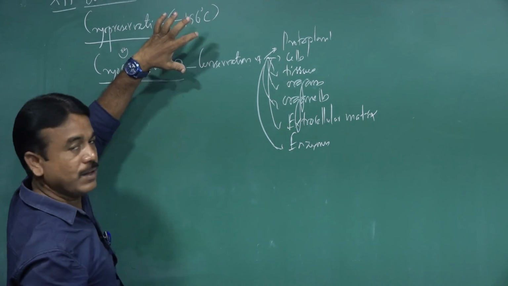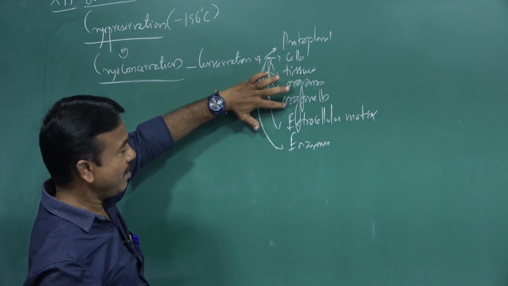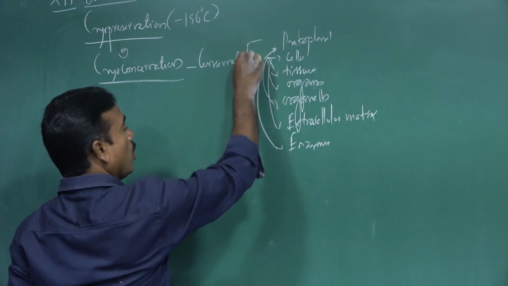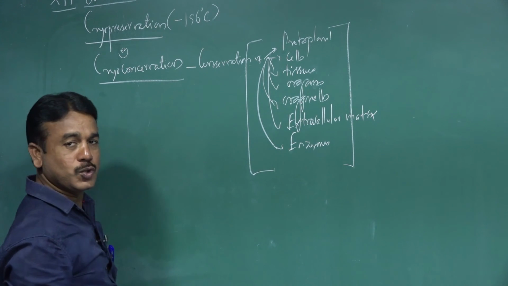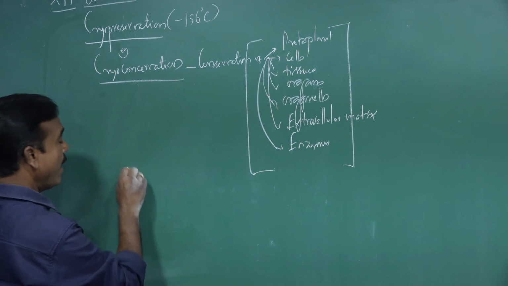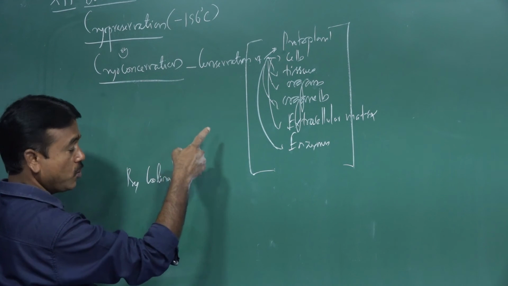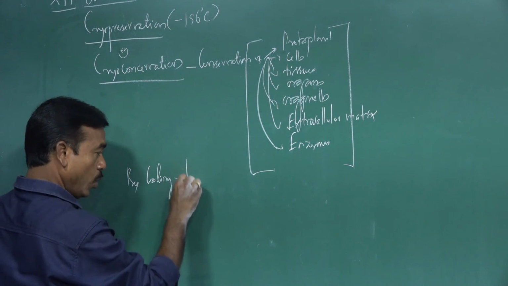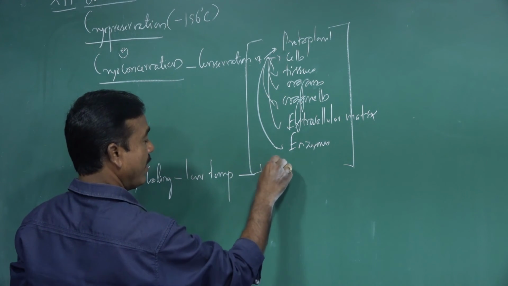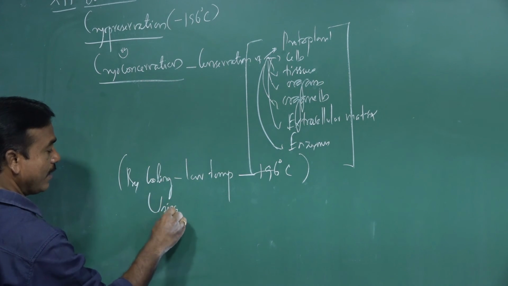So what is the answer? Conservation of protoplasts, cells, tissues, organs, organelles, extracellular matrix and enzymes. Those are subjected to conservation, or preservation, by a cooling mechanism. The substance responsible for cooling to low temperatures of minus 196 degrees Celsius is liquid nitrogen.